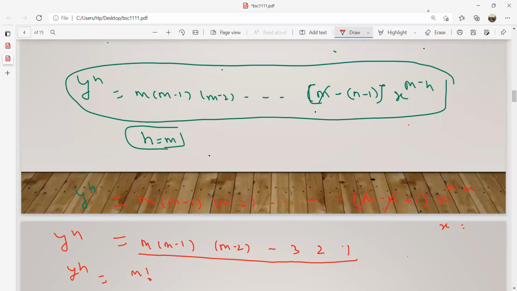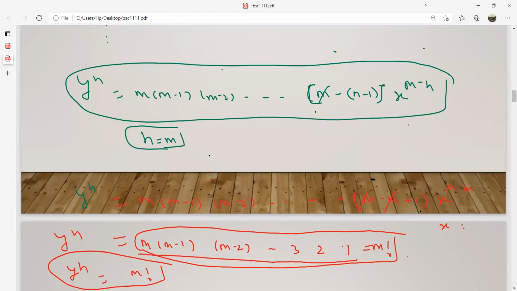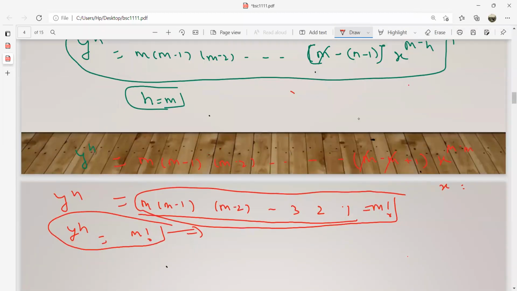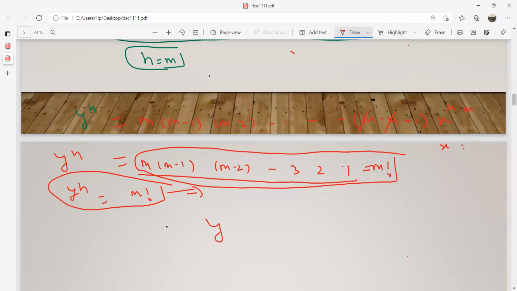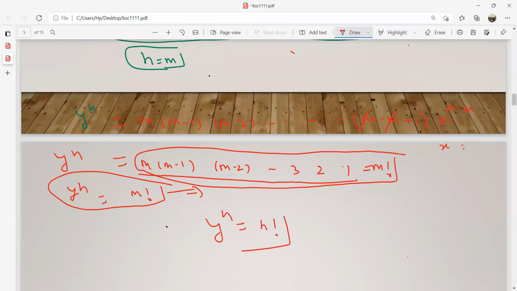The value of this function equals m factorial. Because I have mentioned n equal to m, we can also write it as n factorial.